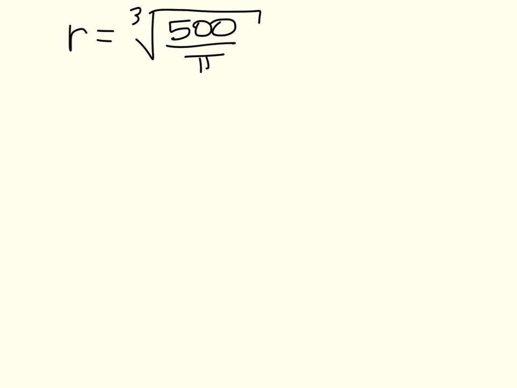If we divide 2000 by 4, it is the cubic root of 500 over pi, which if you use a calculator will be 5.42. And what is this?